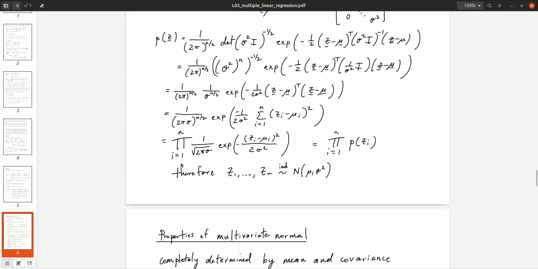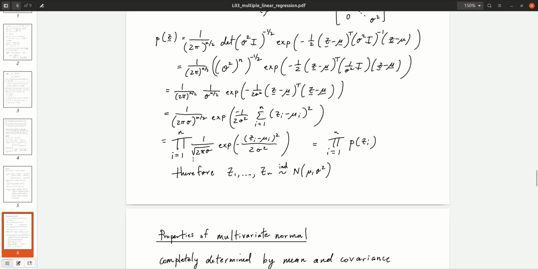By the way, if you've forgotten, this is the notation for taking the product of a bunch of things. You do i equals 1 with the giant pi sign to the n, and this means you take each of these things for each i and multiply them together. It's the analog of the sum notation for adding a bunch of things up.